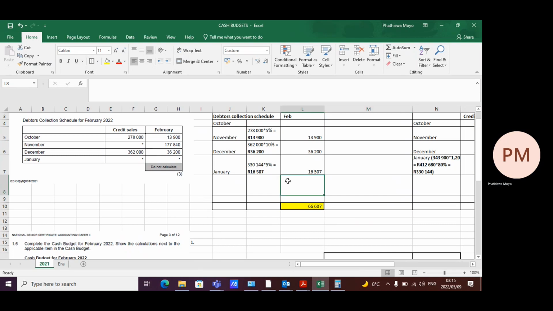Okay. Now, the 117,840, which is November debtors collections, includes 5% of October's credit sales.